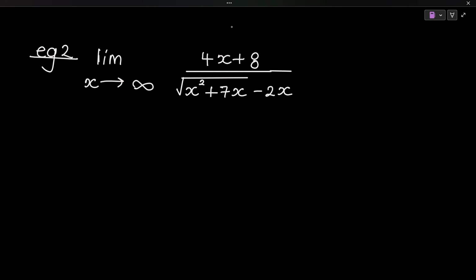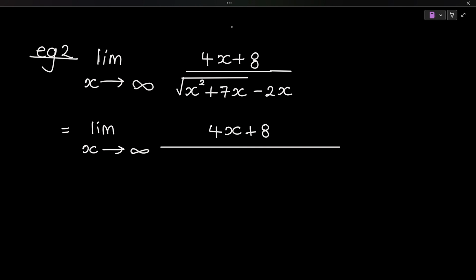Now, remember your first step is to pull out x squared as a common factor underneath the square root. So, underneath the square root, we are going to have x squared into 1 plus. Pulling out x squared from 7x, we will be left with 7 over x.